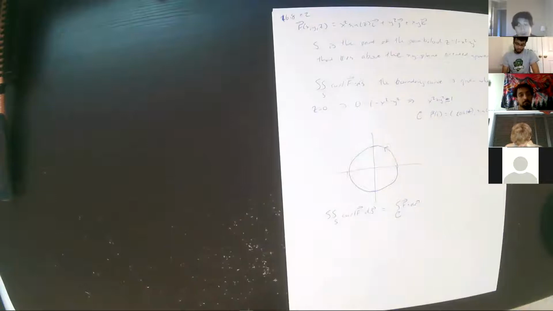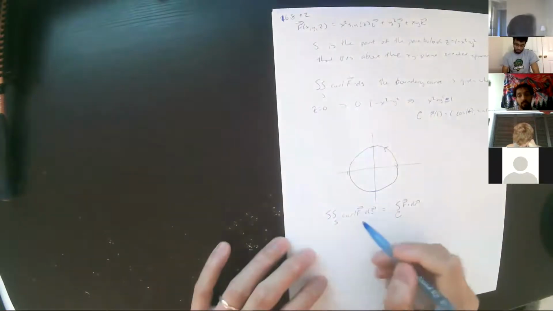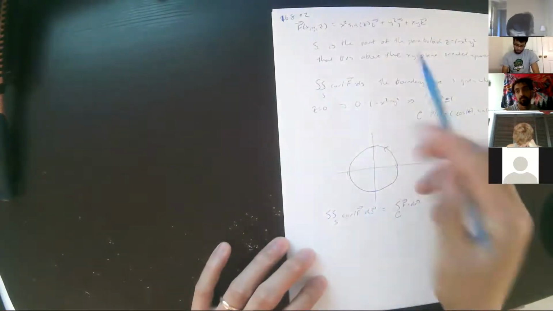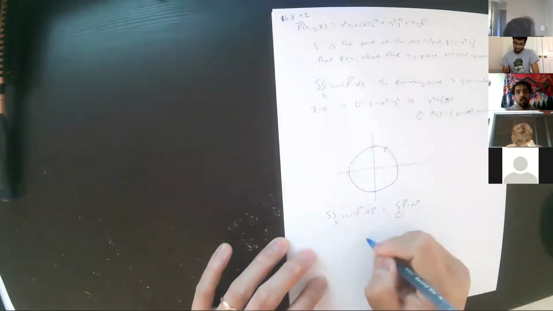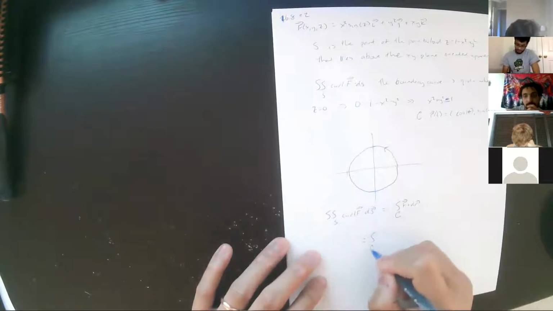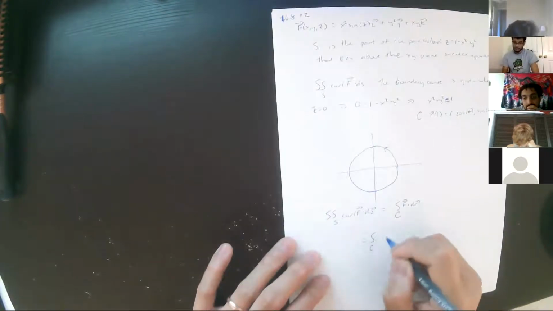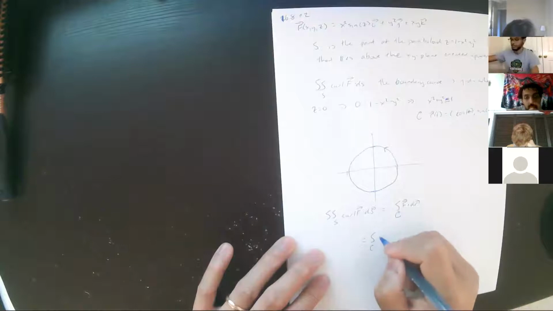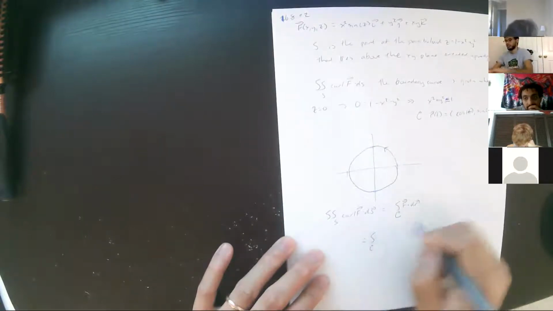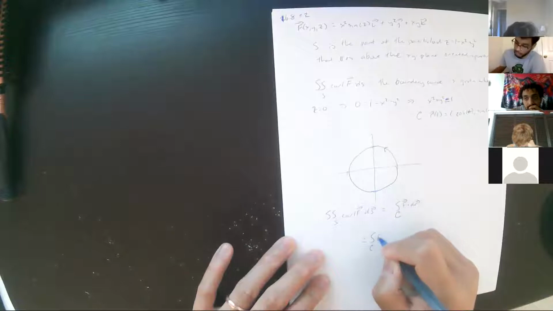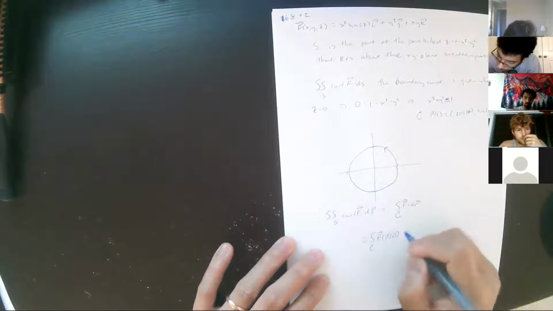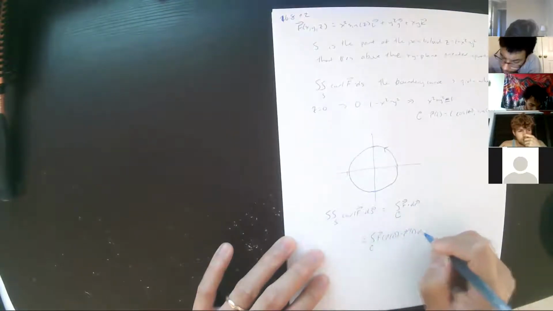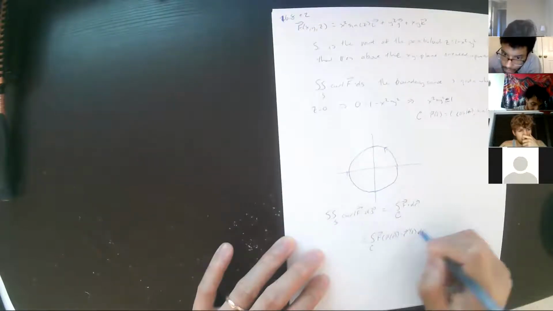So now we're going to compute this by computing this. We already know F, and we just need to compute the dr. This is equal to F of r of t, dotted with r prime of t, dt.